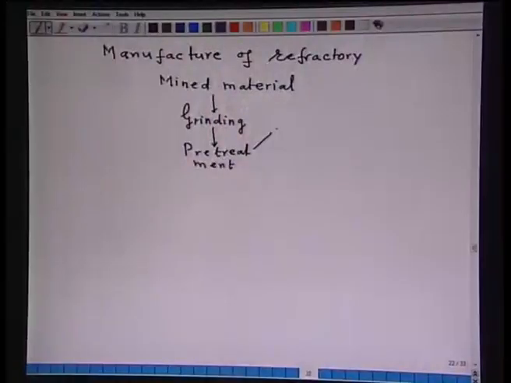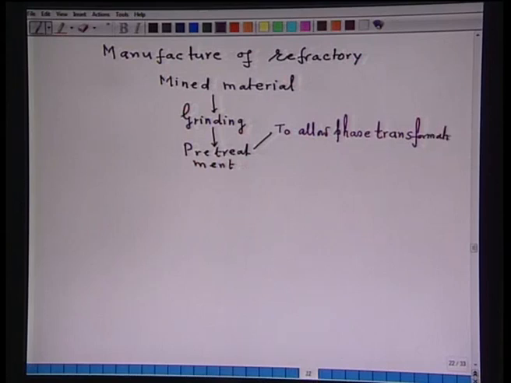So, the pretreatment stage has two objectives. The first objective is to allow phase transformation, and the second objective is to allow allotropic transformation.